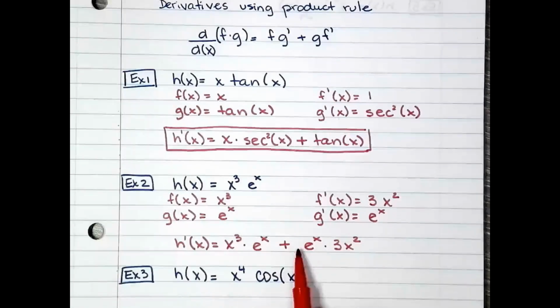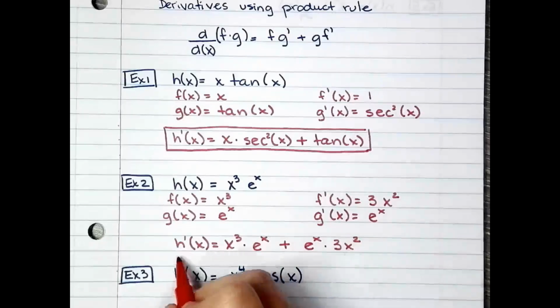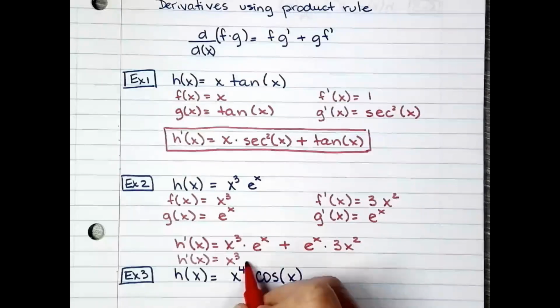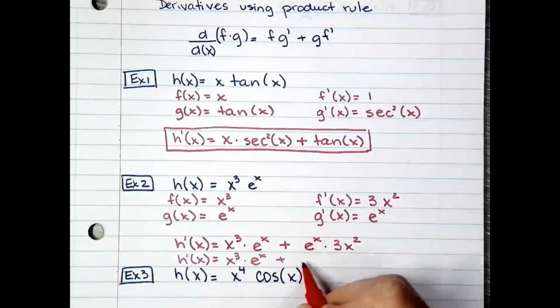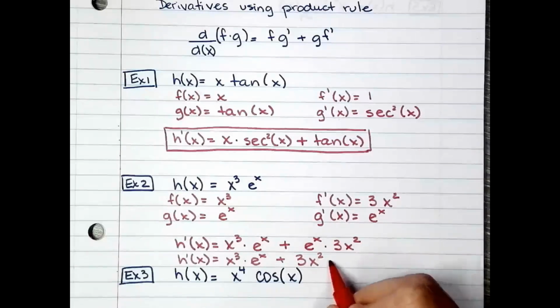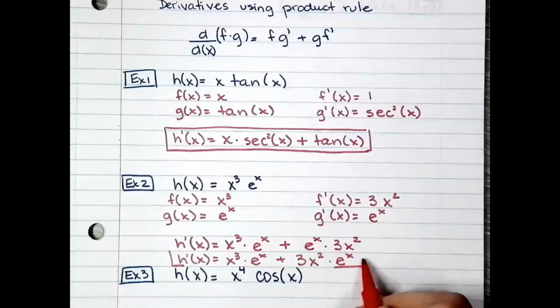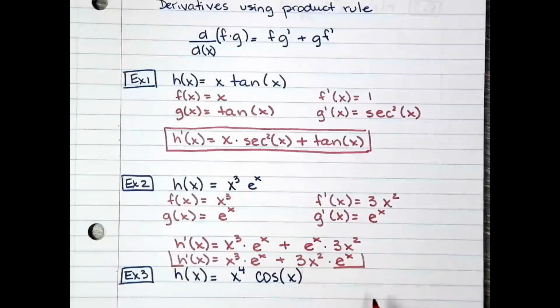I like the 3 to be right there. It's not wrong if you leave it like this, though. Just looks better. So you can do 3x squared and then e to the power of x. I just like the leading coefficient when I have a number right there to be in the front, not in the middle. Okay.